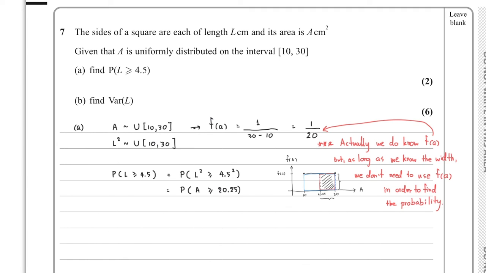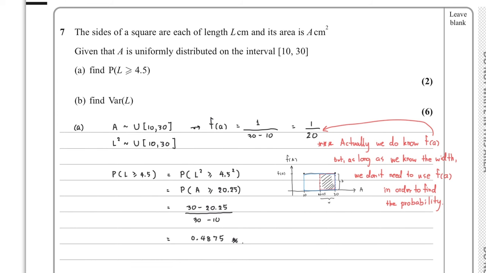But since the two rectangles have the same height, instead of finding the ratio of areas, we can find the ratio of widths. Start with the one that we wanted, which is the width of the smaller rectangle. That would be 30 minus 20.25, divided by the whole width, which is the width of the big rectangle, which is 30 minus 10. And the answer is 0.4875.